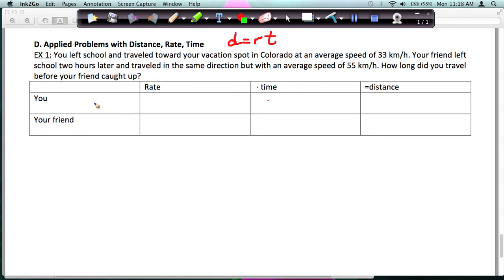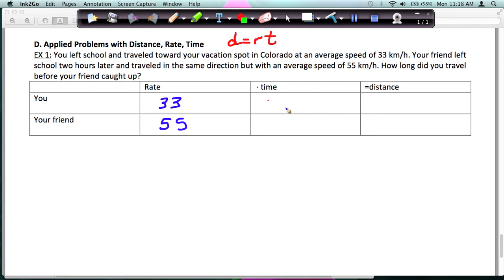So let's start first with rate. I actually know my rate. In this case, I went 33 kilometers per hour, and I'm going to leave units off right now. And your friend went 55 kilometers per hour. Now I don't know my exact time, how long I traveled till we met. That's actually what I'm trying to find.